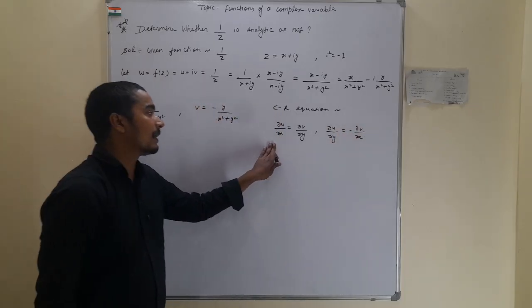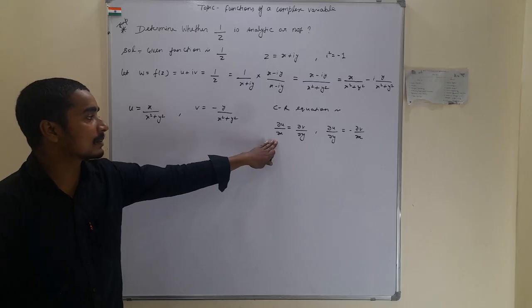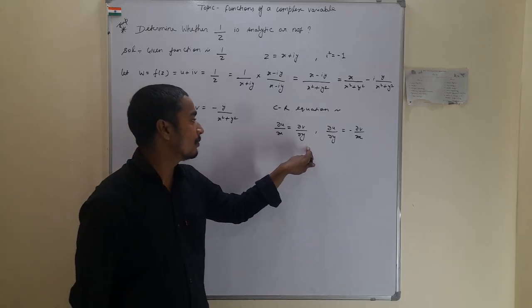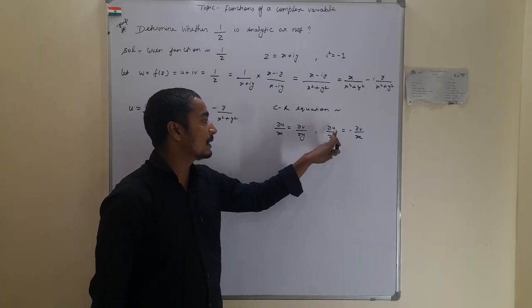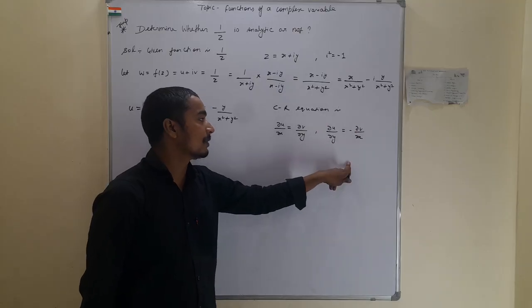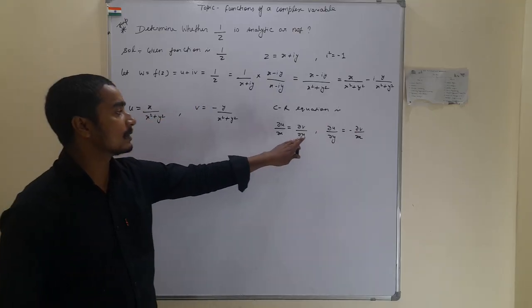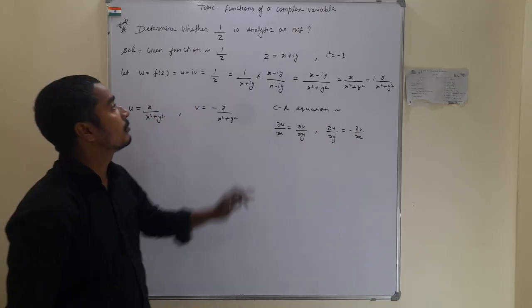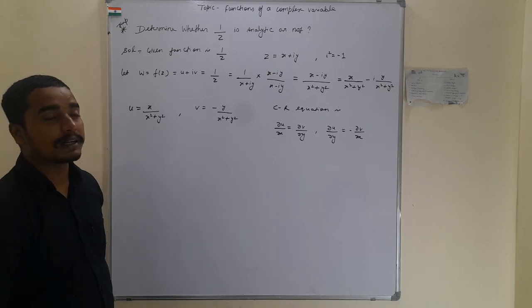So we have to first find del u upon del x, then del v upon del y, then we have to calculate del u upon del y and del v upon del x. If the CR equation is satisfied, then we say that the given function is analytic.